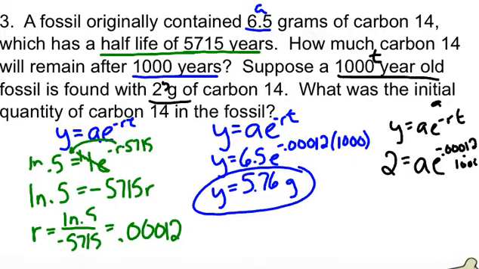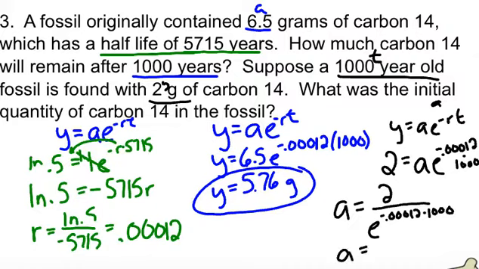I apologize for running out of room there. So we need to solve for a, which means we need to divide both sides by e to the negative 0.00012 times 1,000. So a is going to be 2 divided by e to the negative 0.00012 times 1,000. And once you do all that lovely math in your calculator, you find that it's approximately 2.25 grams.